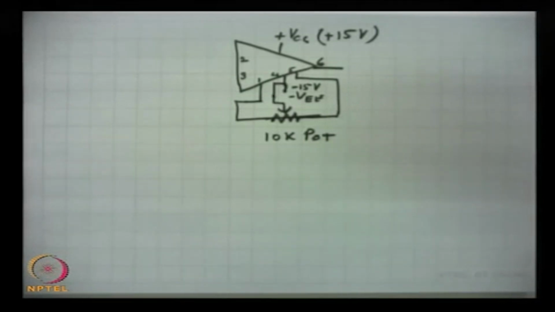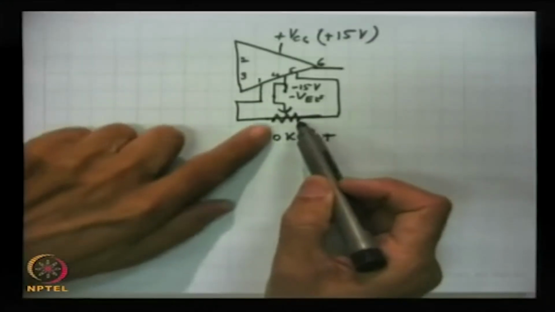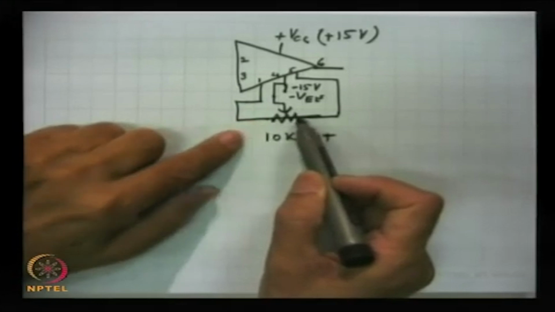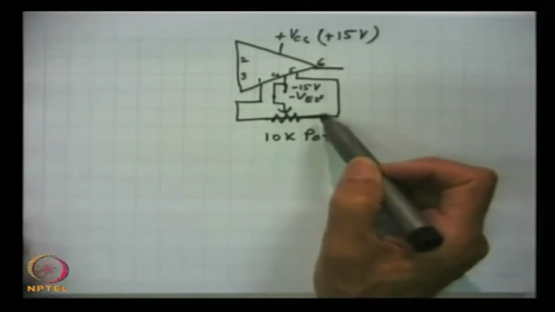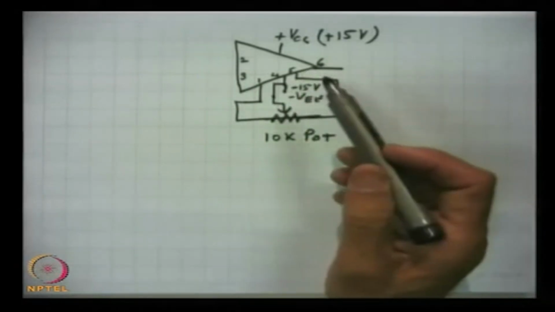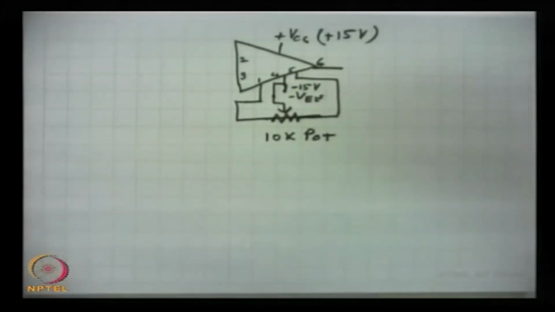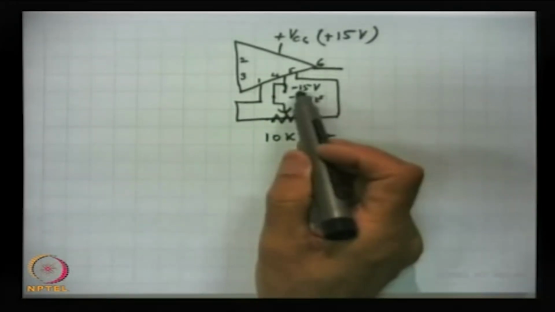It is very tiny, hardly a few millimeters in diameter and a few centimeters long. It is a cylinder, and that is a pot having 3 connections. So, the extreme 2 are connected to pins 1 and 5, and the movable one which can be moved through the screwdriver, that is connected to the battery.